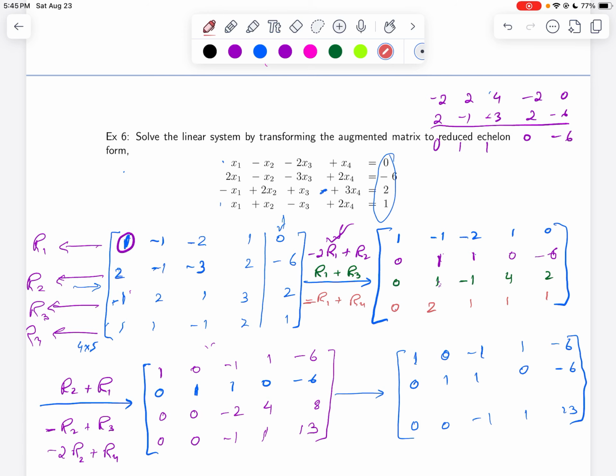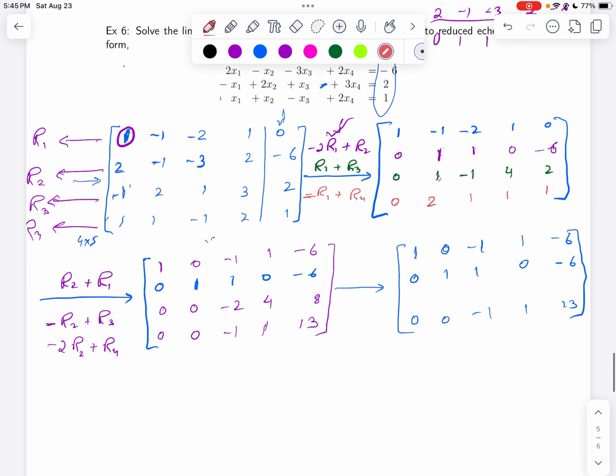Okay. So once we are done with this step, notice that this was our pivot, and we used this to make the rest of the entries in the column 0. So when we go to the next step, the pivot will be the first non-zero entry in the second row.